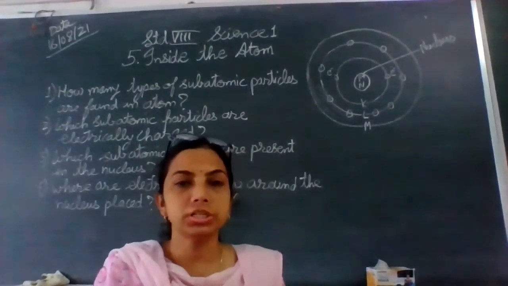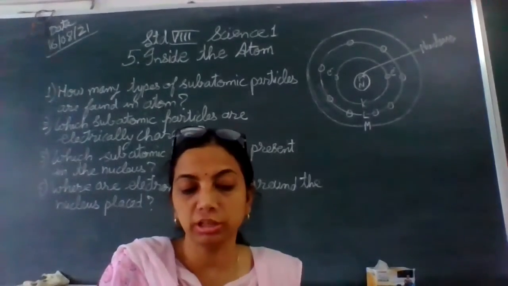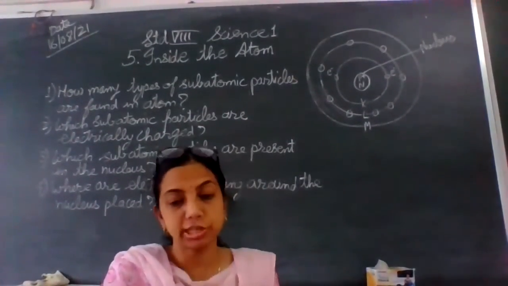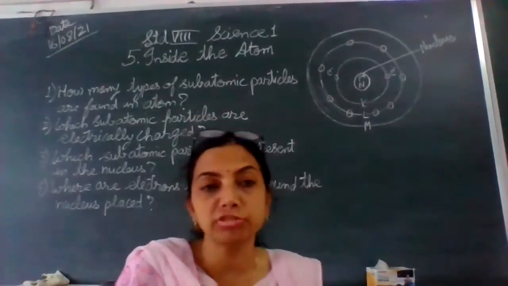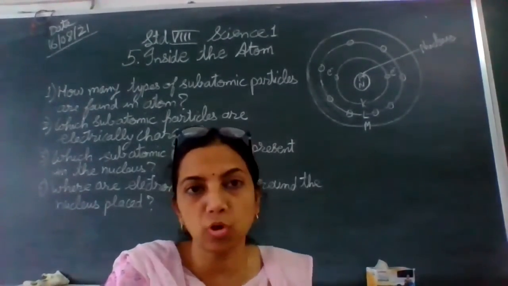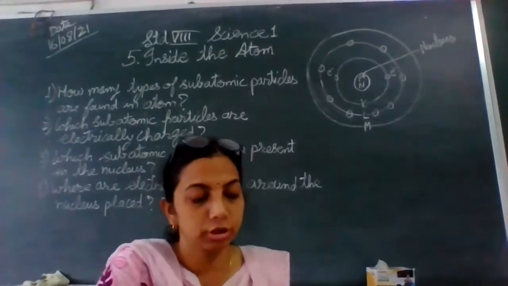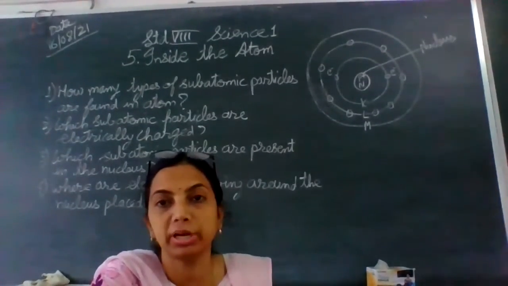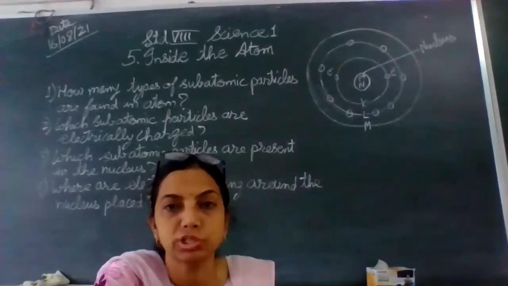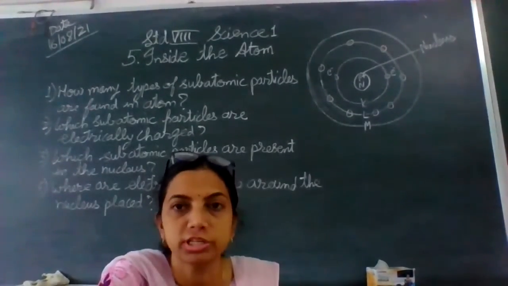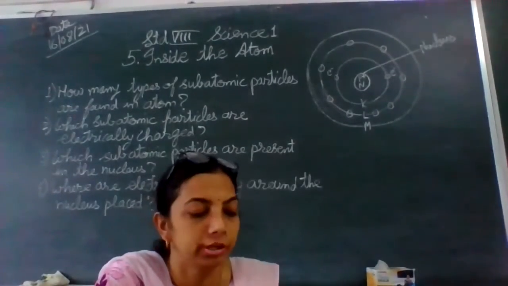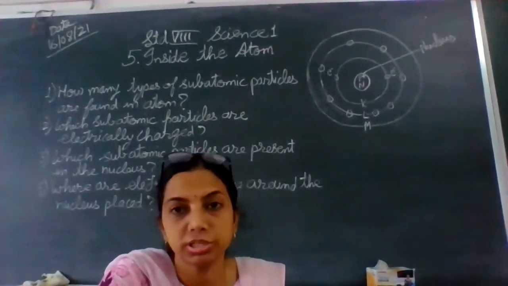In this chapter we have already seen a variety of atomic structures, starting from Dalton's atomic structure, then Thomson's atomic structure, and according to the fourth, through his scattering experiment, he has explained a very important note that all the mass of the atom is present inside the nucleus and the outside moving electrons are negligible in mass.